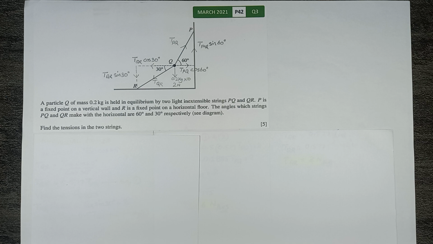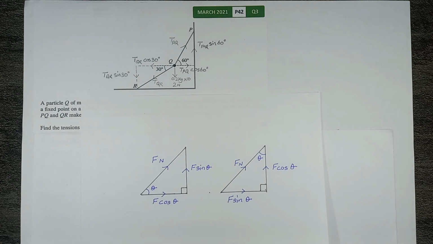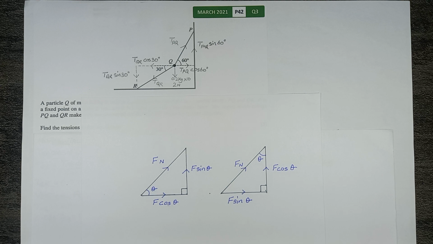But before that we have to understand what the components are. Mostly I have seen that students have a misconception that the horizontal component is always a cos component. No, it is not like that. If this is an angle theta, then the side next to that angle is the cos component of the force, and the opposite is the sine component.